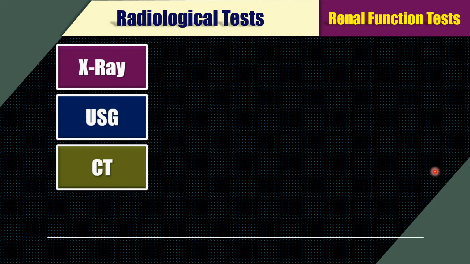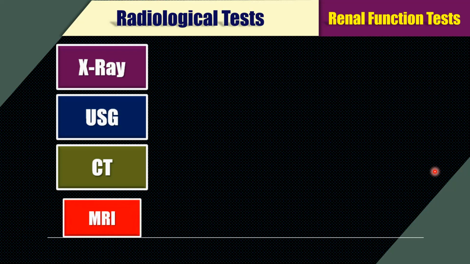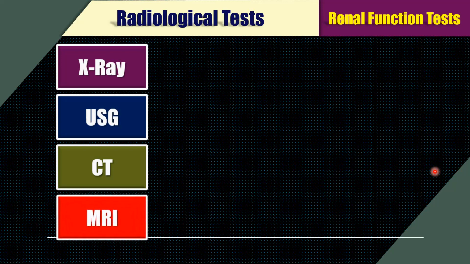A modification of CT scan is the PET scan, positron emission tomography, to diagnose various disorders. The next radiological test is magnetic resonance imaging or MRI. It could be used as an alternative to CT scan, because it is a non-invasive technique with no radiation.